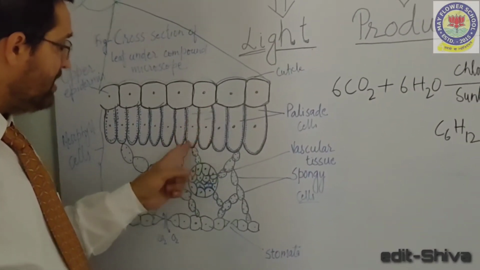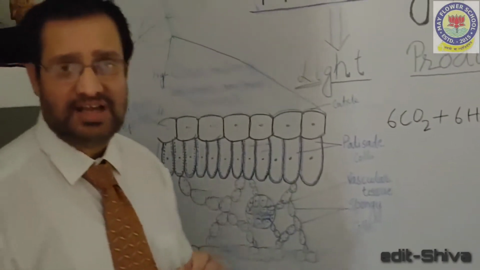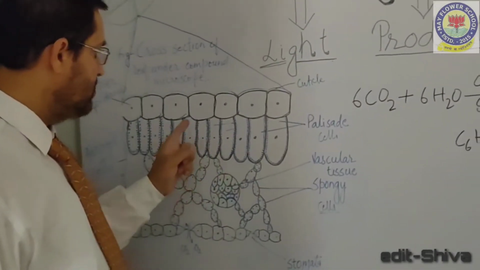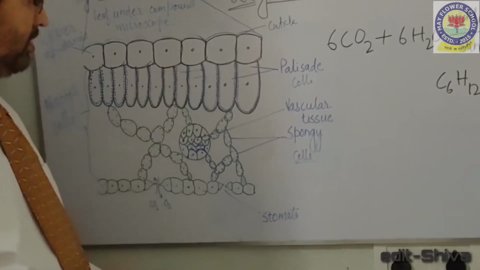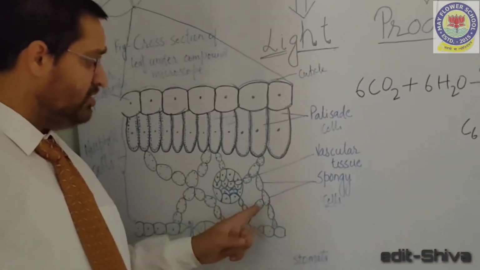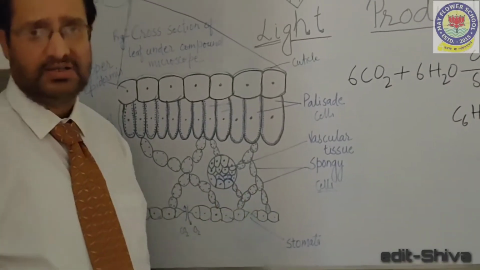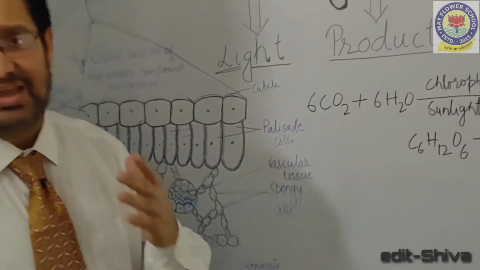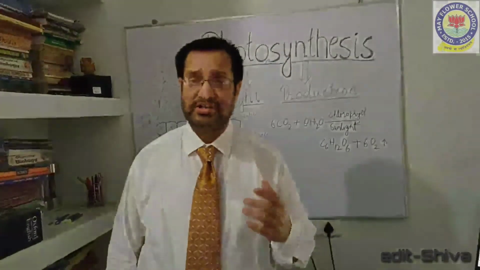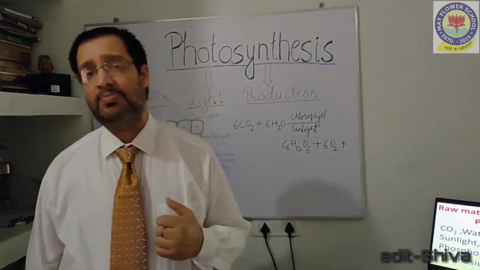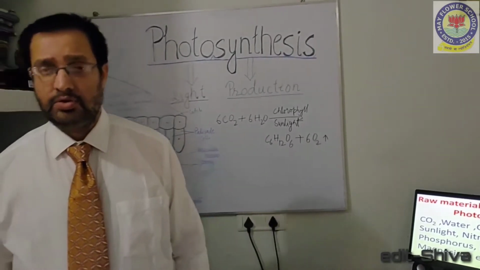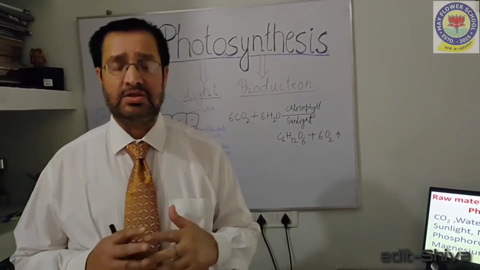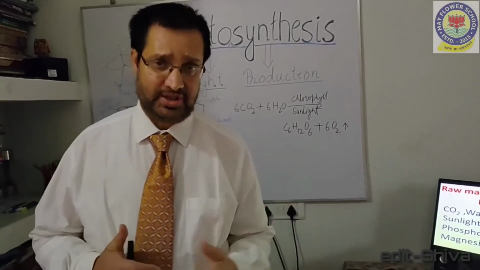Chloroplasts are mainly present in the palisade cells. You can see the chloroplast as a dot-like structure. But spongy cells also contain chloroplast. Chloroplast is the cell organelle which contains a green pigment called chlorophyll. During photosynthesis, three major events take place.